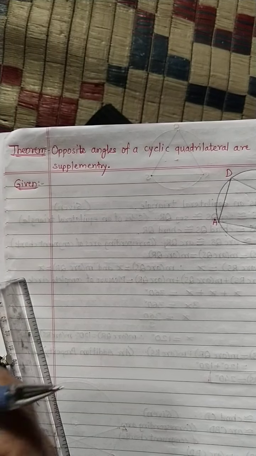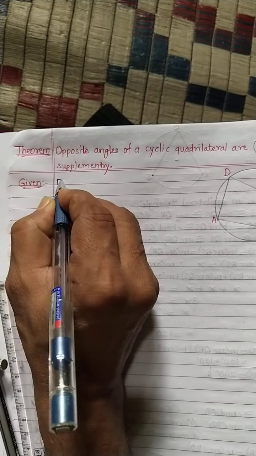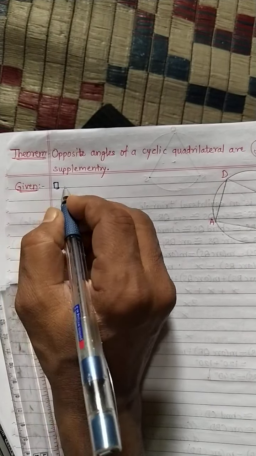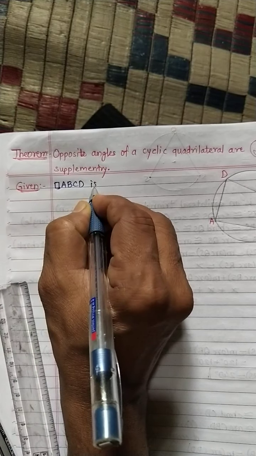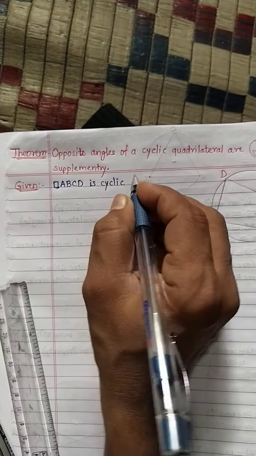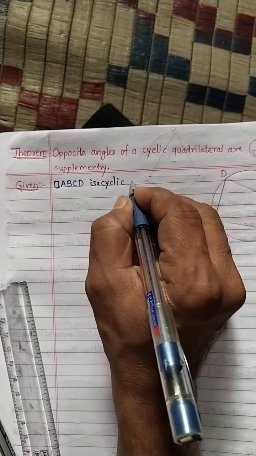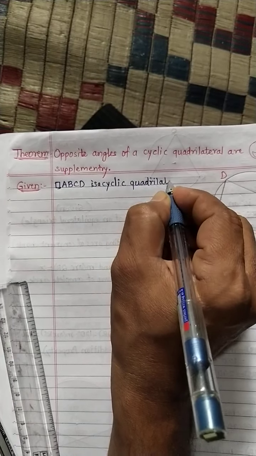Given: quadrilateral ABCD is a cyclic quadrilateral.